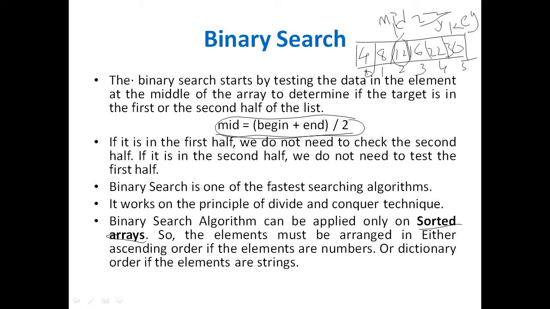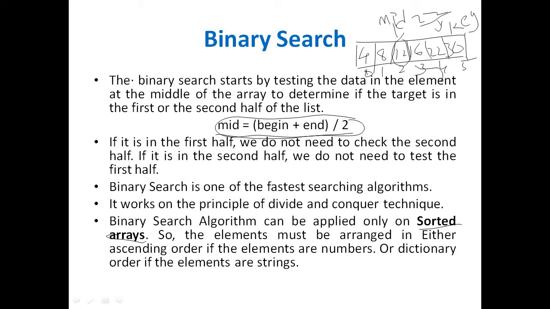If the mid value is less than the key value, then we can search on the right hand side. In this example, key is 22, mid element is 12. Is 12 greater than 22? No. Then we need to search on the right hand side only.